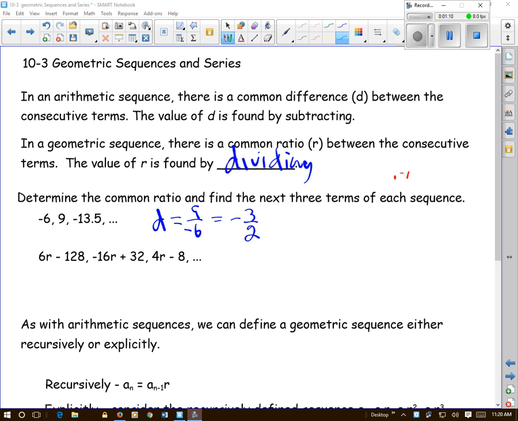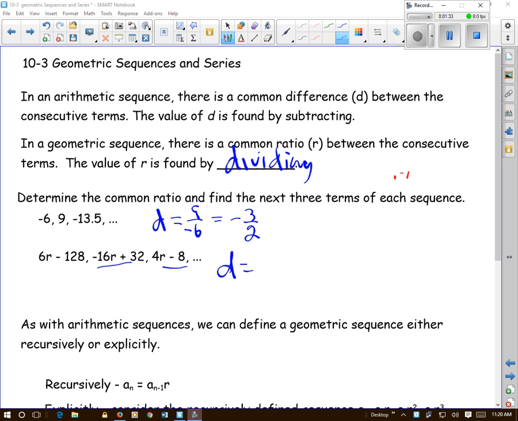And in the next one, we don't have actual numbers there, but the basic idea is still the same. We find r by dividing. I'm actually going to take the second and third term because they're smaller numbers to work with.